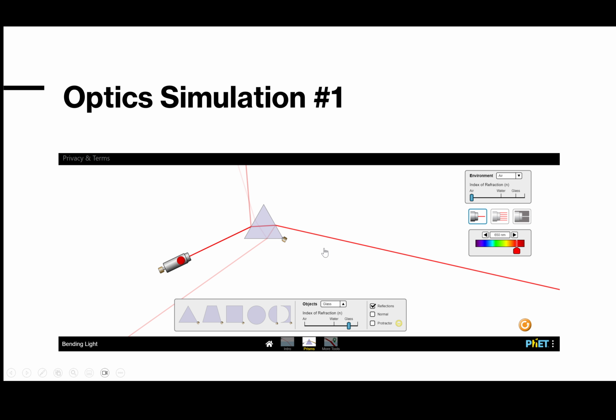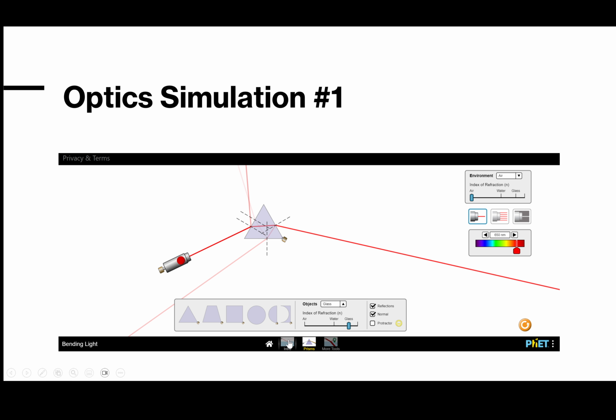When we look at that, we should also be able to see a normal. The angles of the incident and reflected rays should be the same, and the reflected ones are on the same plane as well.